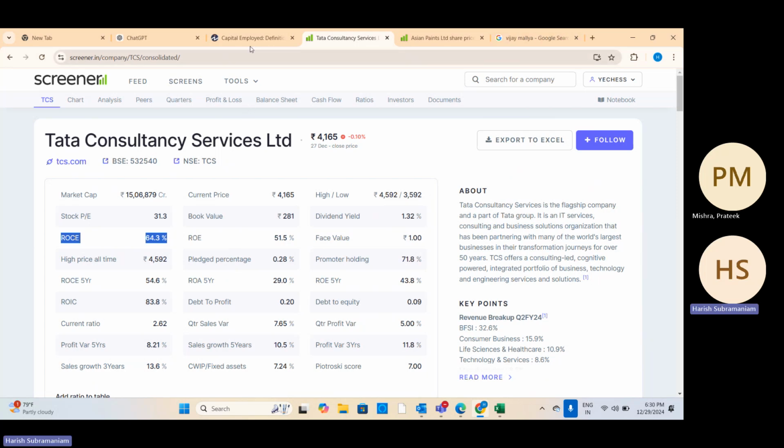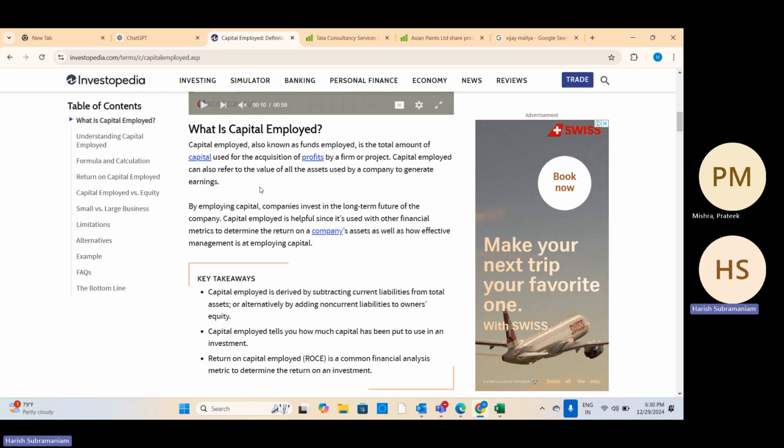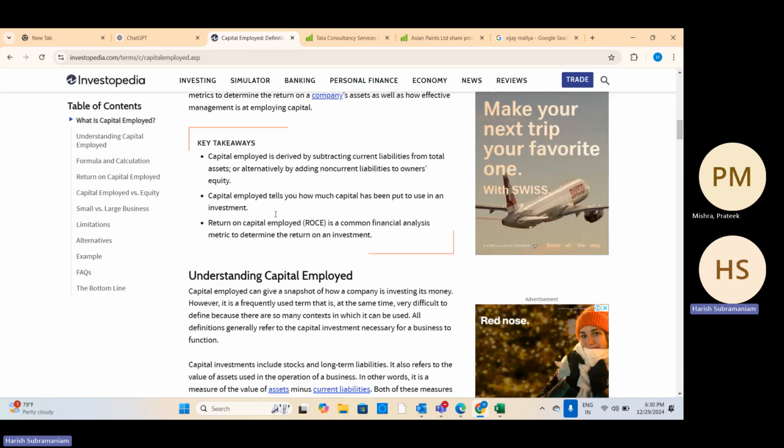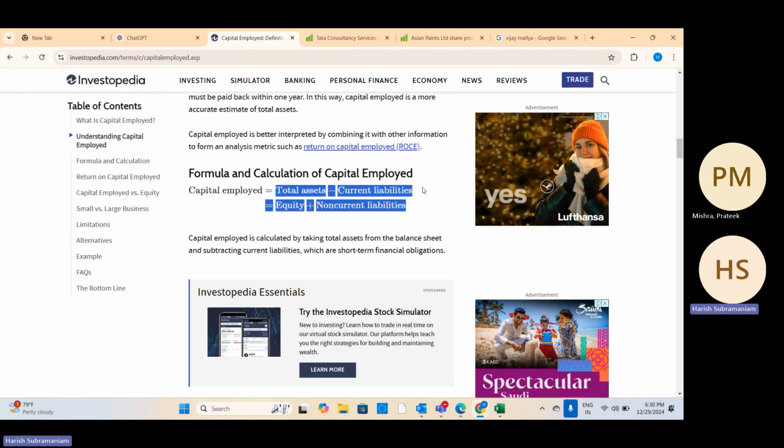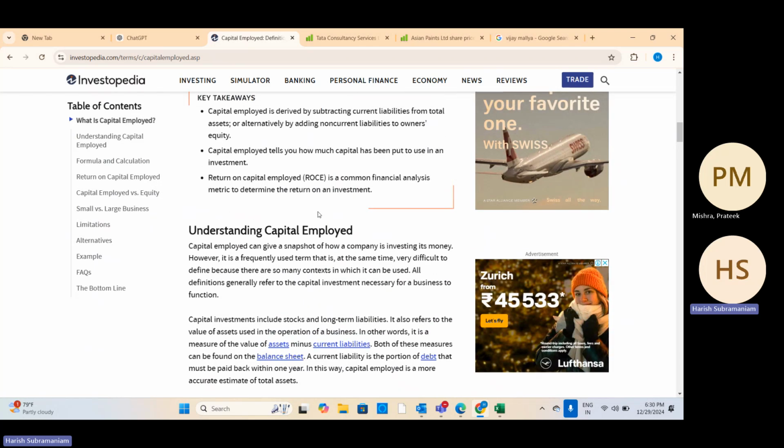So what is the capital employed? Let's look over here. It is the total capital employed for the acquisition of profits. It is basically total assets minus current liabilities. That is how they look at the capital employed. So what are all my assets minus the payments I need to make in the next 2, 3 months?